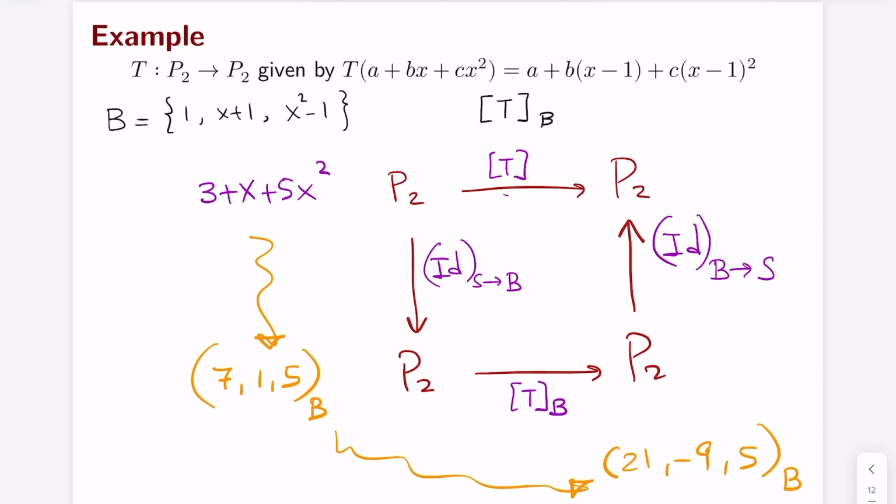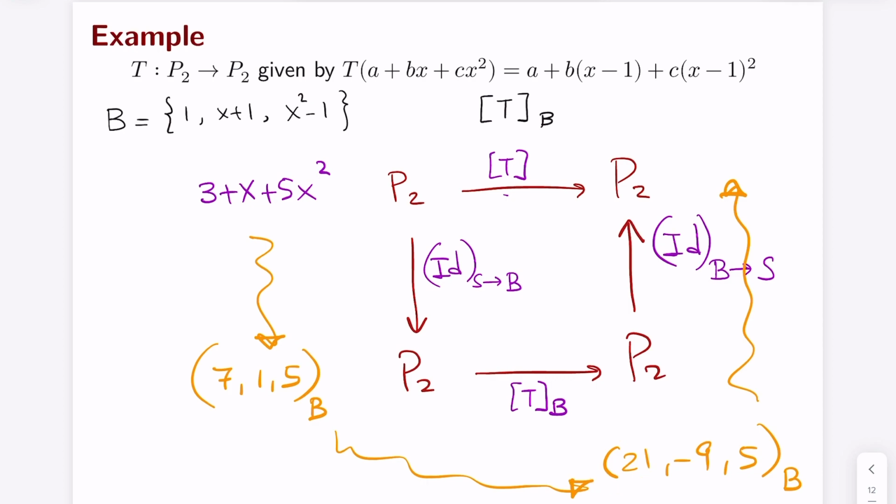And now, as we know what a vector expressed in the base B means, right? That means that it is 21 multiplied by the first one, minus 9 by the second, 5 by the third. So we can go back and write it back as a polynomial here, doing these operations.